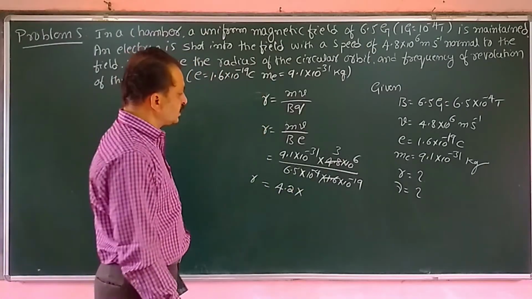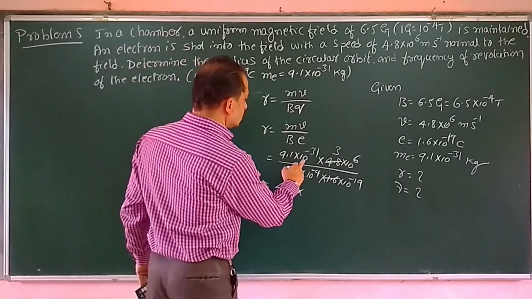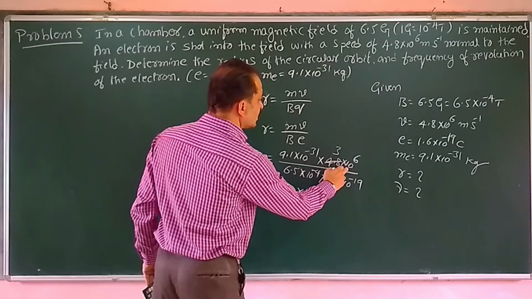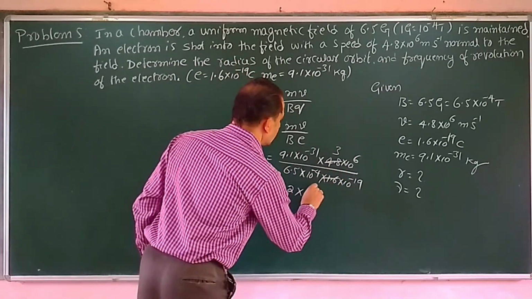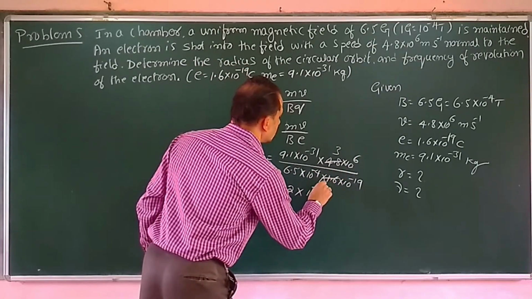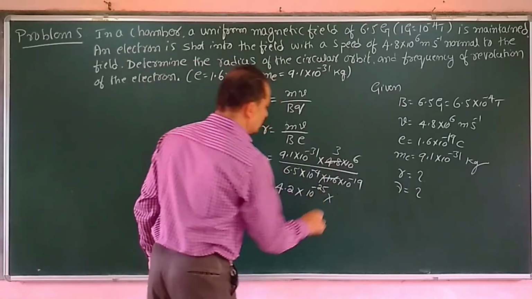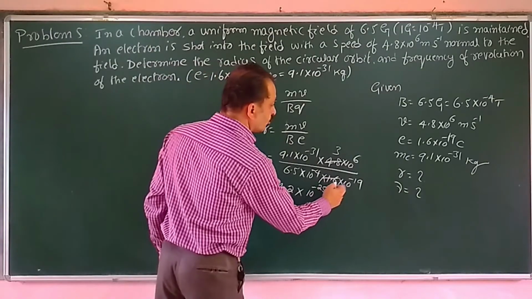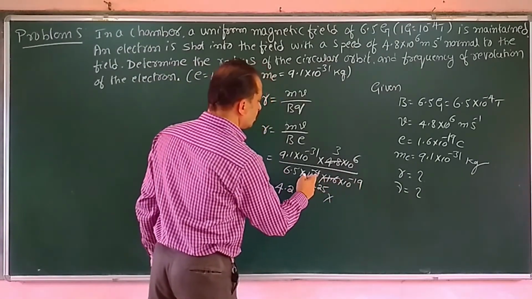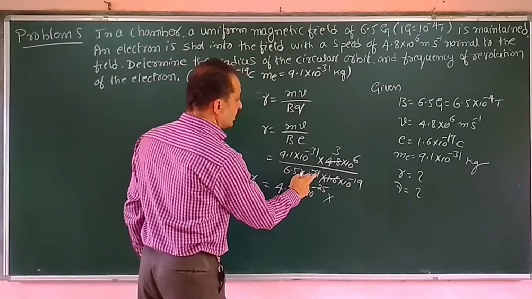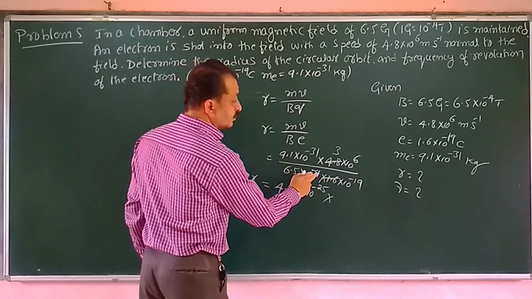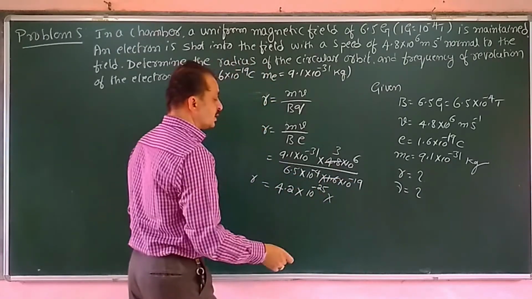9.1 into 3 divided by 6.5 is equal to 4.2. Now I have to simplify the powers. 10 raised to minus 31 plus 10 to the power of 6 is 10 to the power of minus 25. In the denominator it is 10 to the power of minus 19 minus 4, that is minus 23.